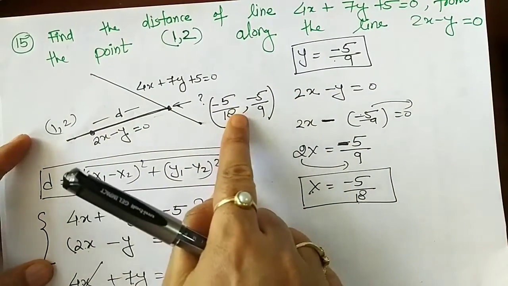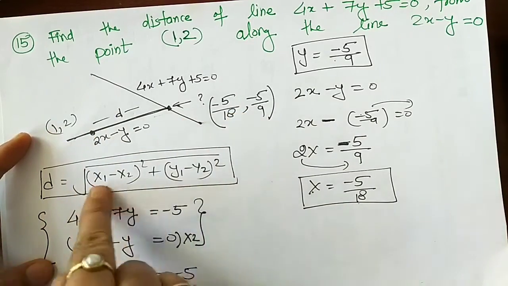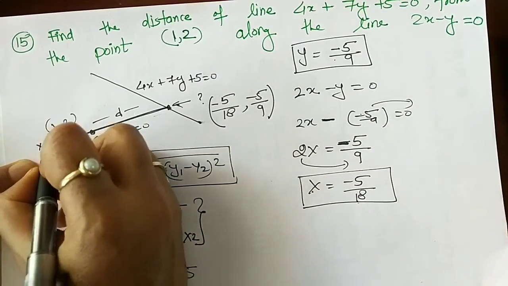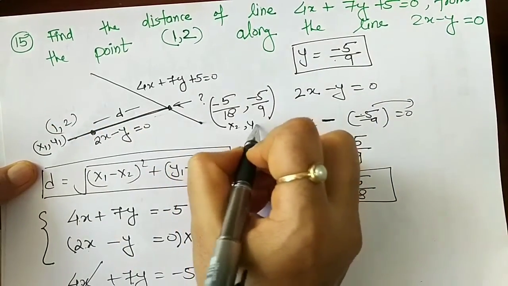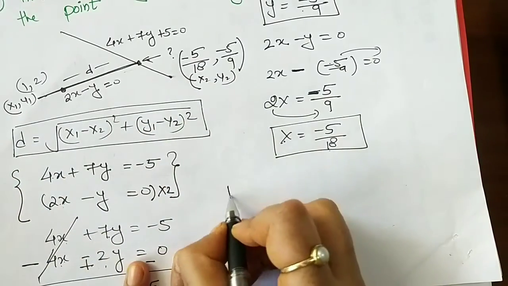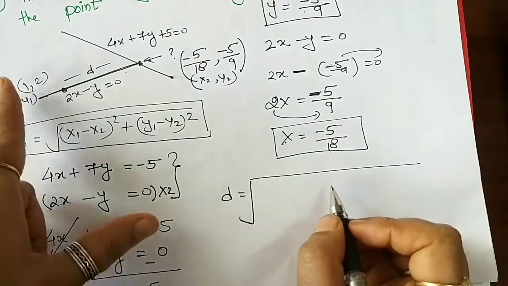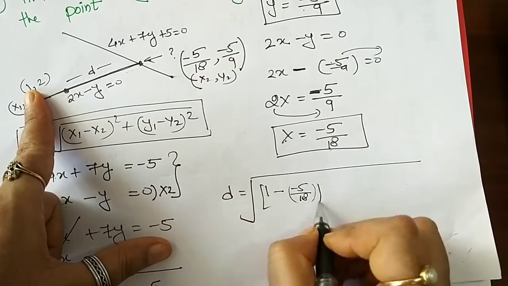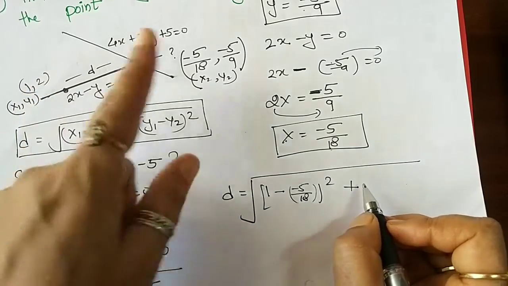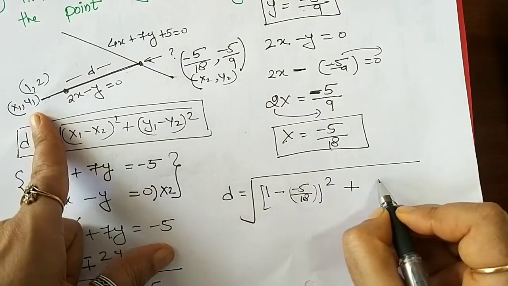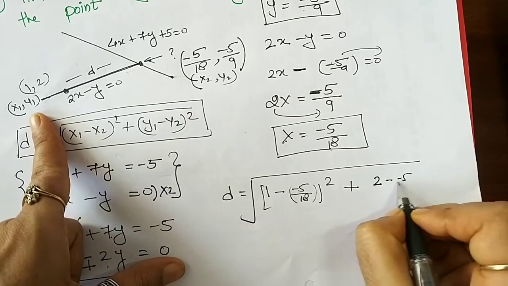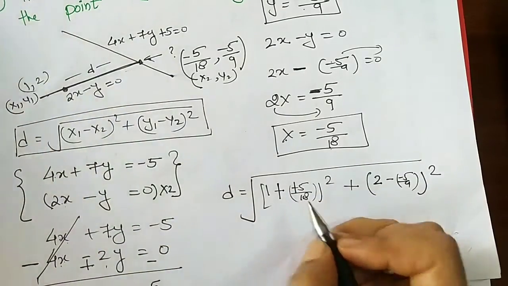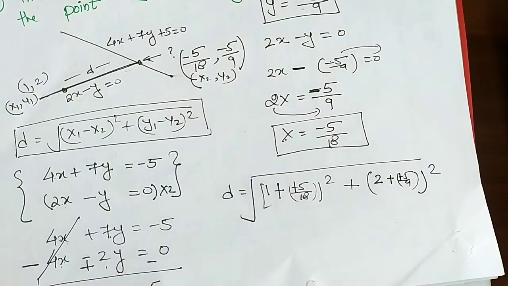I just have to put this point and this point into this formula. Let me assume that this is my x1 y1 and this is my x2 y2. So what will be the distance? I have to just fit the formula, guys. X1 minus x2, which is 1 minus of minus 5 by 18 square, plus y1 minus y2, which is 2 minus of minus 5 by 9 square. This minus and minus will become plus, and this minus and minus will become plus.